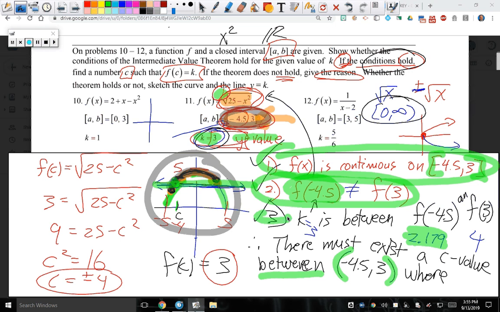I did let k be between. Notice again my usage of variables. And then my therefore there must exist a c value between or on negative 4.5 to 3, where f of c is equal to 3. And then the c squared is 16, so c is plus or minus 4. And the c is not going to be the positive value. So the answer, because plus is extraneous in this particular one, would just be negative 4.